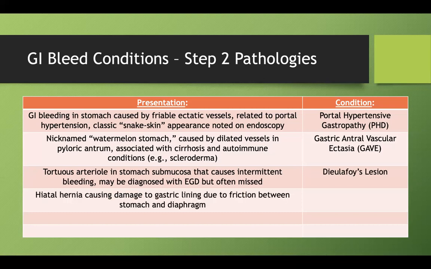What's it called when you have a hiatal hernia? So that's a hernia where your stomach is basically getting pushed superior, and a portion of your stomach is above your diaphragm now. So a hiatal hernia that's causing damage to your gastric lining due to friction between your stomach and diaphragm. This is called a Cameron lesion or a Cameron ulcer.